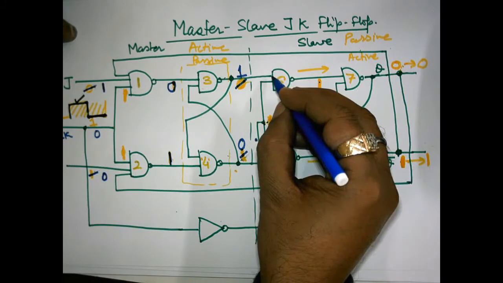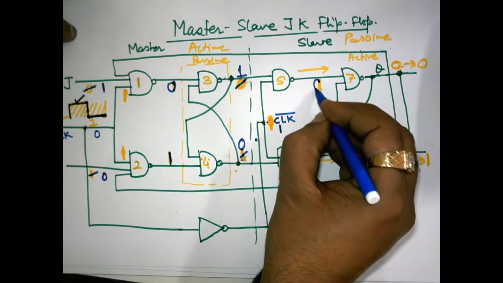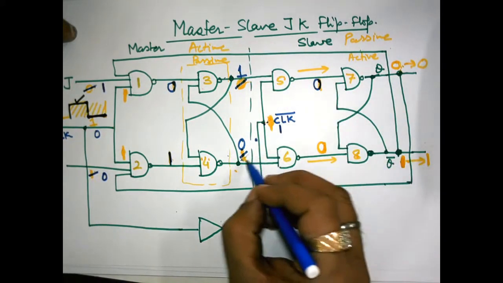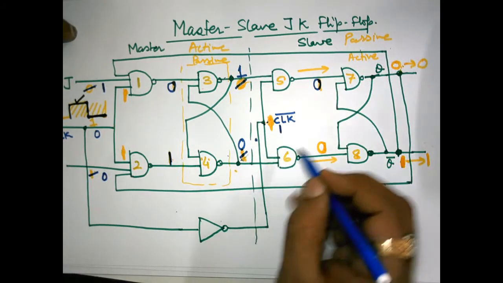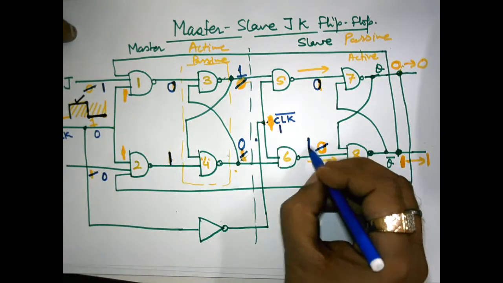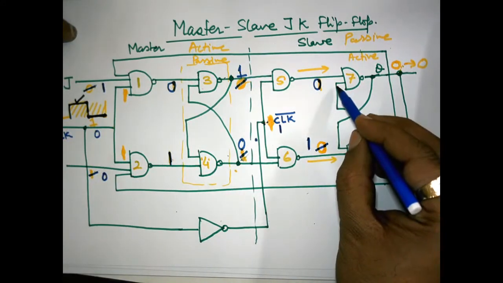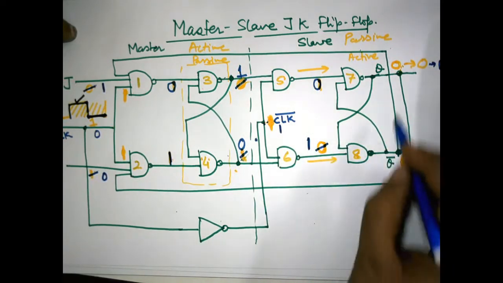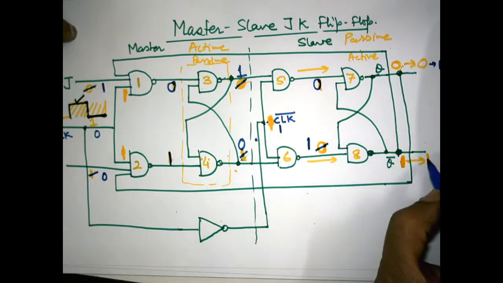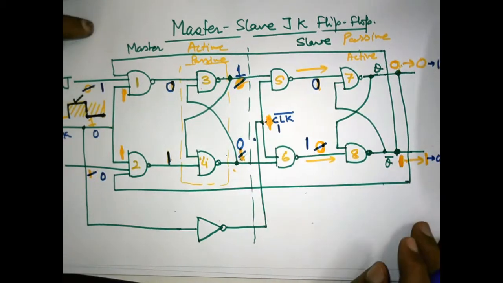So 1 has been applied. Okay, this is making it 0. 0 has been applied, and 1 because of this clock is making it 1, and 0 at the input of this NAND gate is making it 1, and definitely this 1 and this 1 will make it 0.